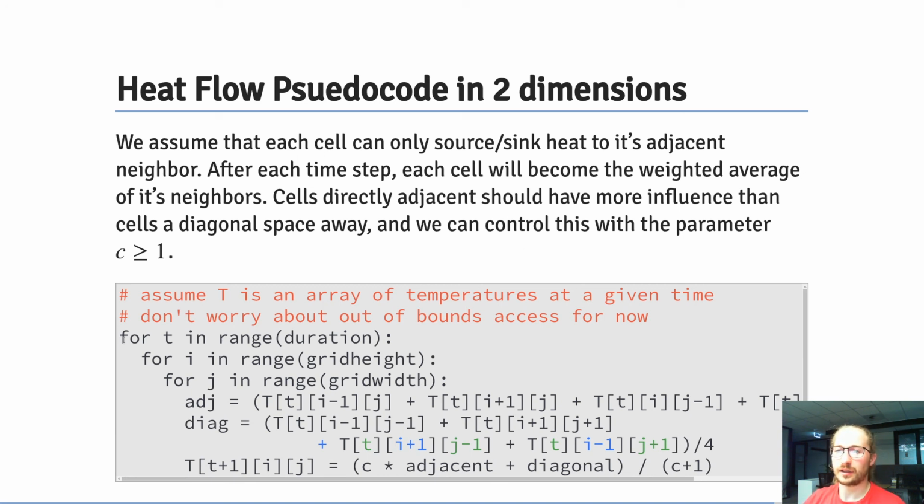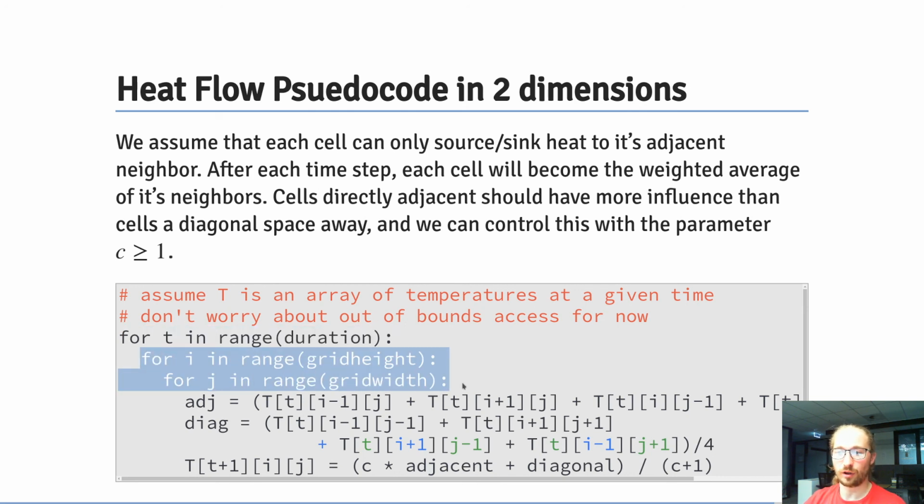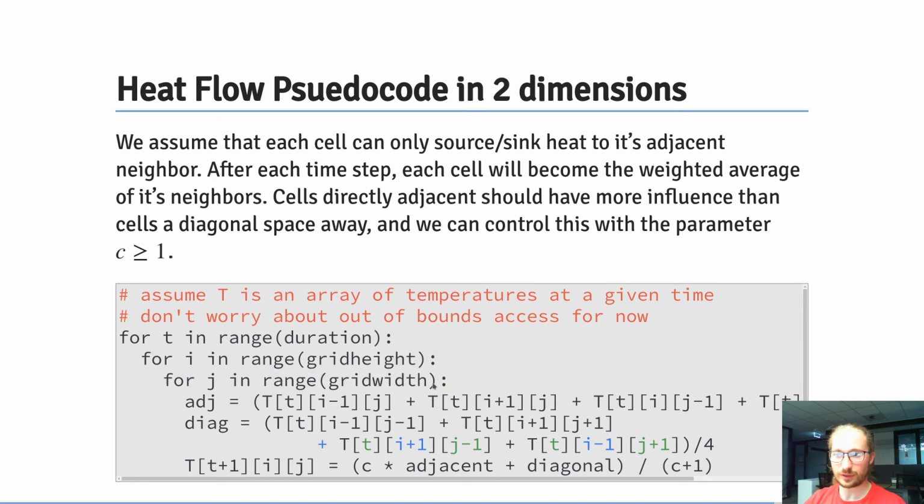So what's going on here? So we'll run the simulation for duration many time steps. We for loop over all time steps t, and then we double for loop over all cells in the grid. We compute the average of the adjacent cells. So we basically take my current cell location at ij, compute the neighbours to the left, to the right, to the top and the bottom.